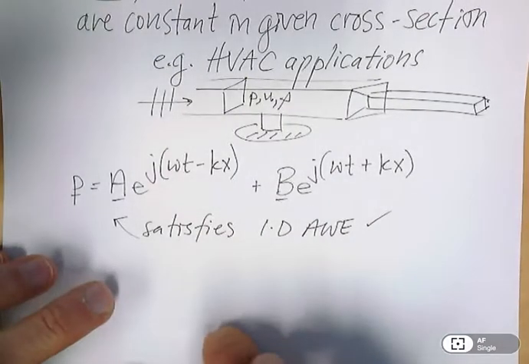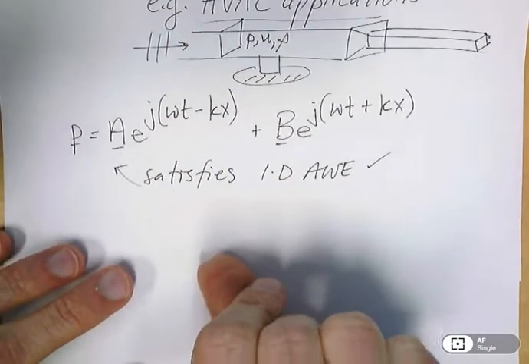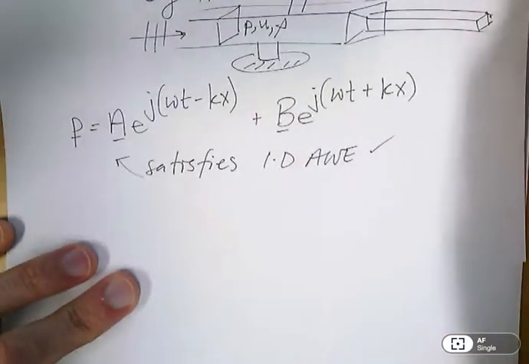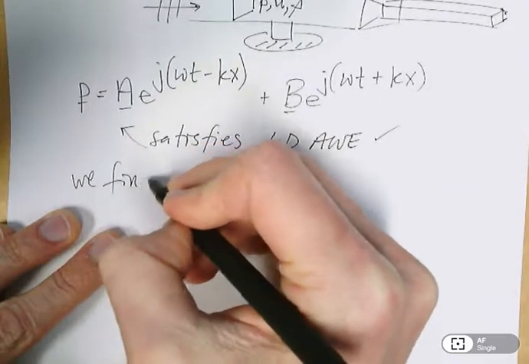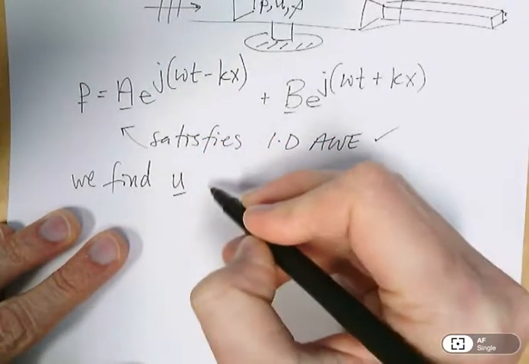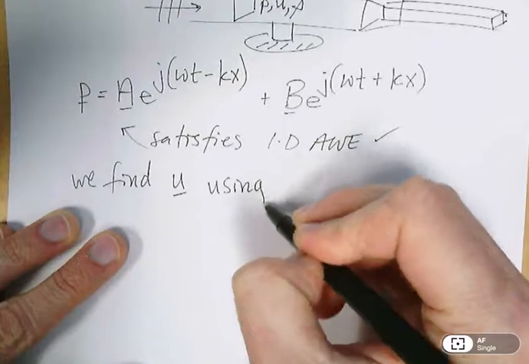Drawing from this form of expression for acoustic pressure, we can find the particle velocity using Euler's equation.